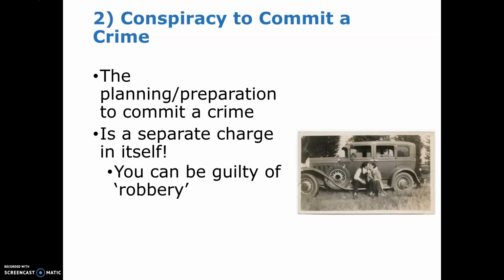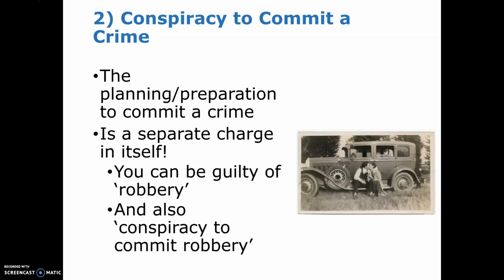Oftentimes, if a particular case is a little bit weak and the prosecution can't get a conviction on the robbery, they can also charge you with conspiracy. So maybe they won't get a conviction on the robbery, but they can get a conviction on the conspiracy to commit robbery.